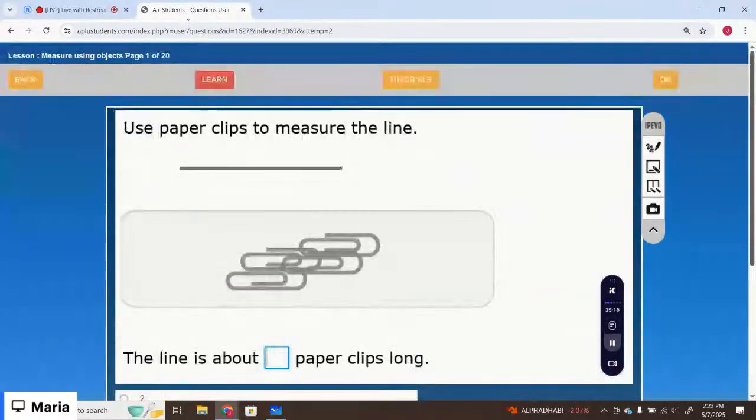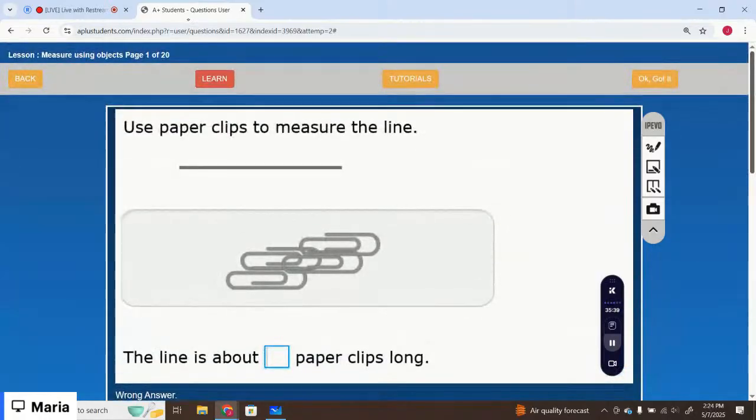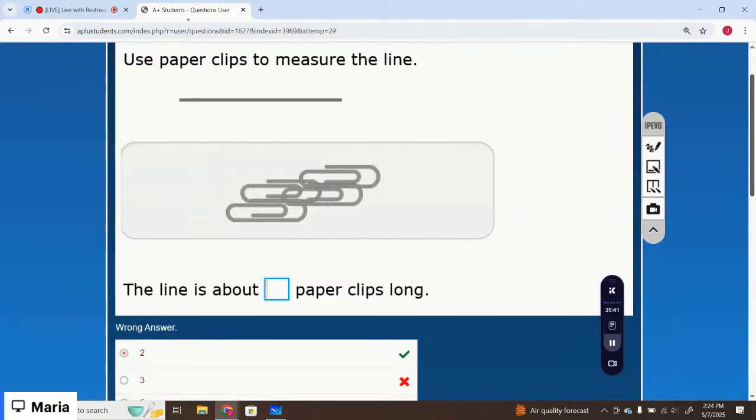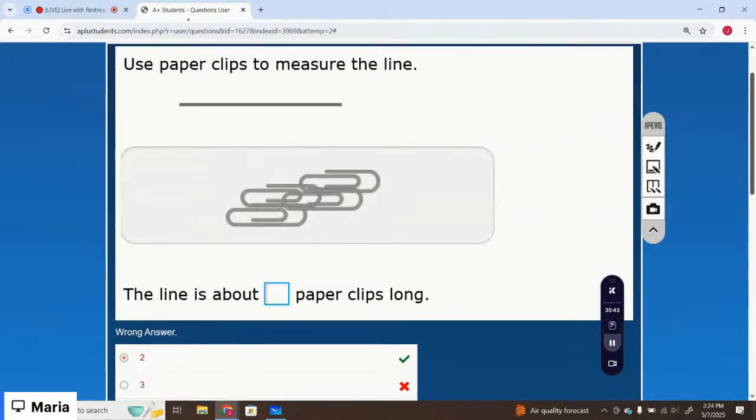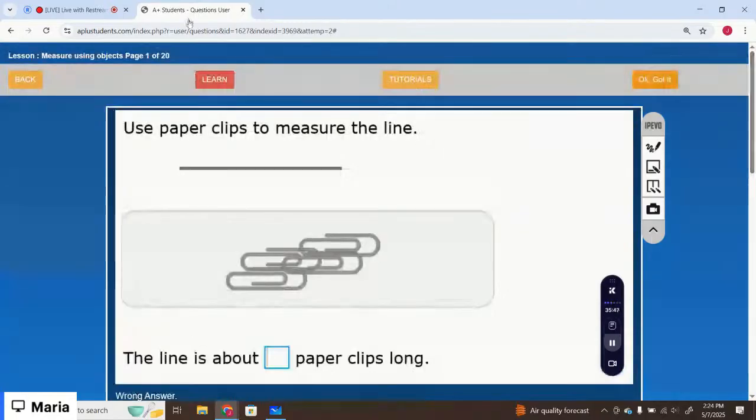Option number 2 is the correct option. That is 3. Use paper clips. Okay, that is 2 paper clips long, not 3. Option number 1 is the correct option. That is 2 paper clips long.